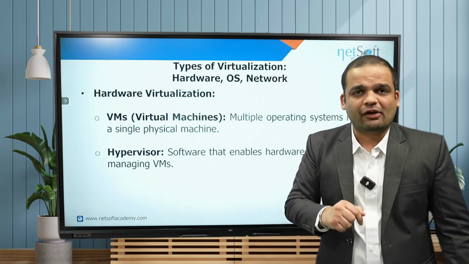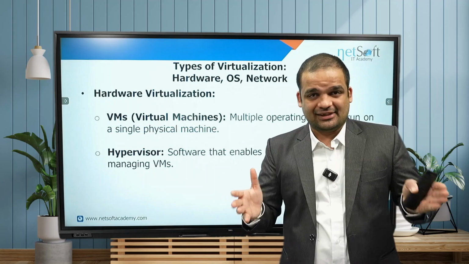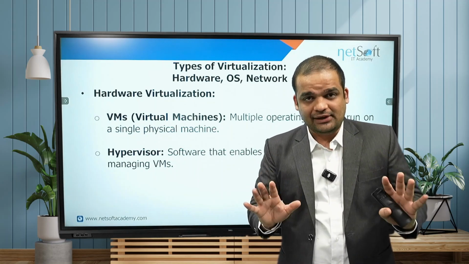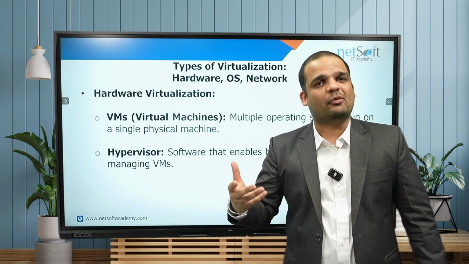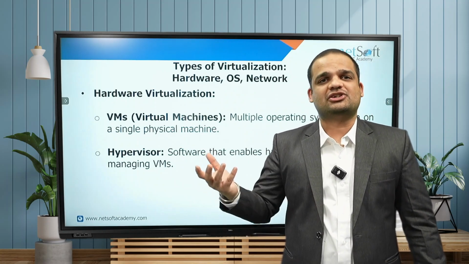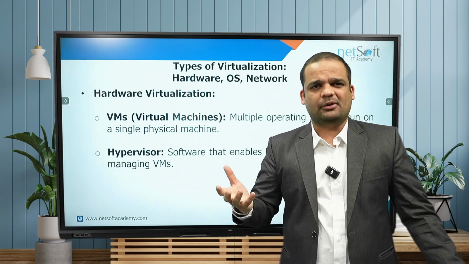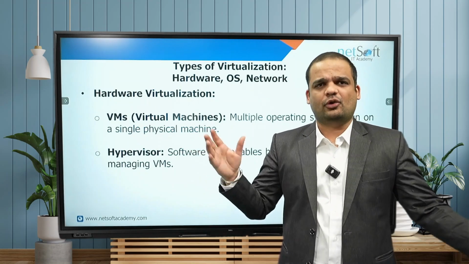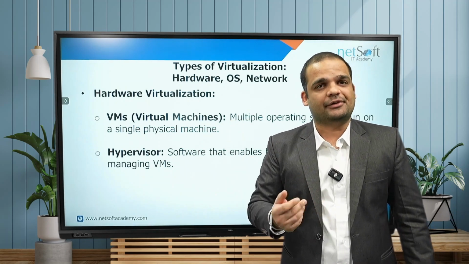Then on top of it, you have Windows 10 or Windows 11, which is your operating system. This is your host operating system. And on top of that, you install a hypervisor like VMware Workstation, Parallels, Fusion for Apple, Oracle VirtualBox, so many. That is your type 2 hypervisor.